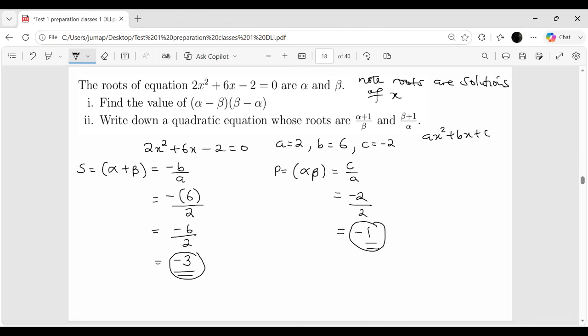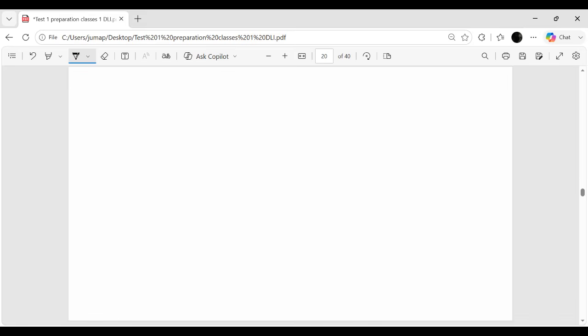So the next question is, they are saying to write down a quadratic equation whose roots are alpha plus 1 over beta and beta plus 1 over alpha. Those are the two roots which they have given us for the new equation.